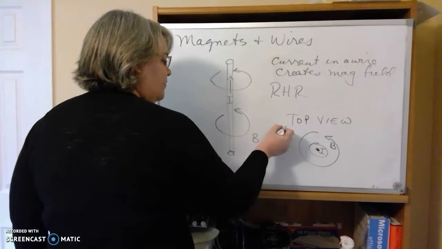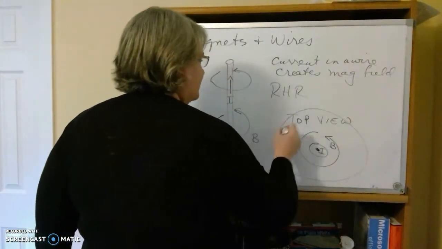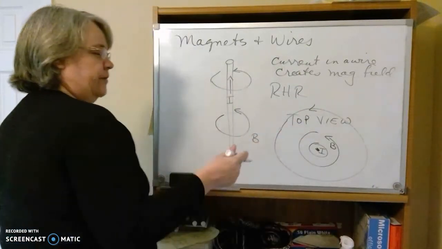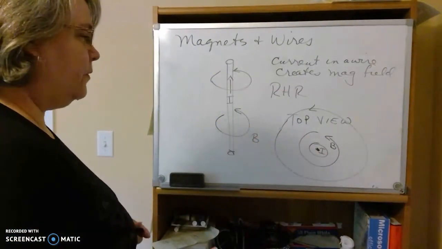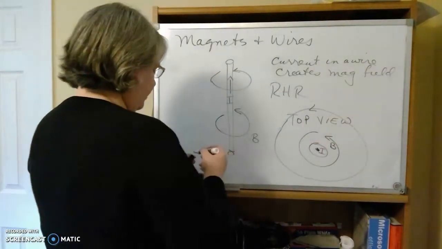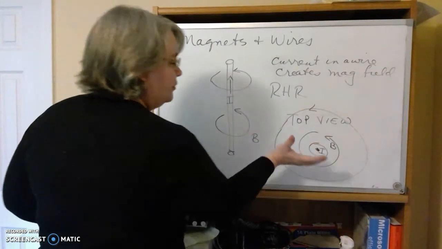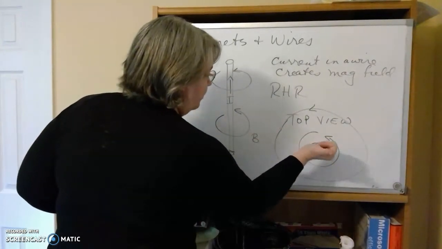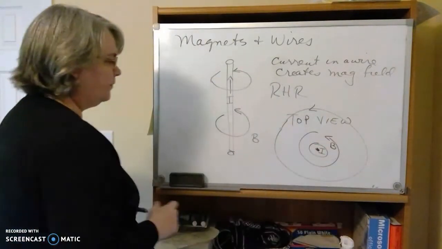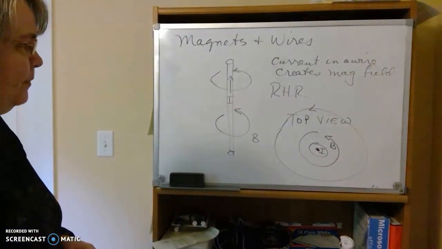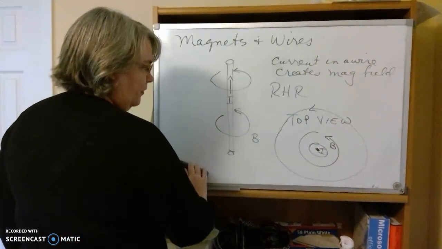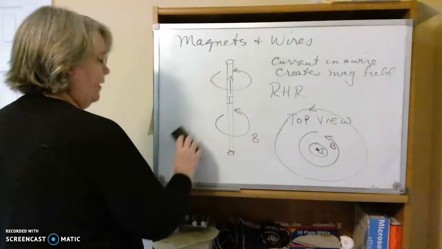And there will be lines of magnetic field that extend outward, and they'll get fainter and fainter and fainter as I get farther and farther away. But my magnetic field is going to wrap around my wire according to the right hand rule. Thumb the direction of the current, fingers the direction of the magnetic field. Okay? Now that becomes important if we talk about a loop of wire.